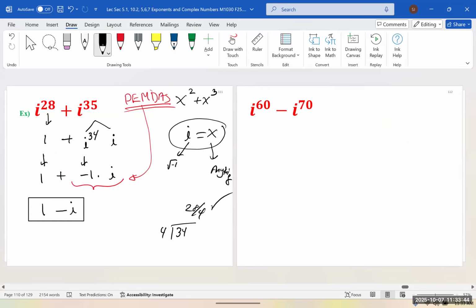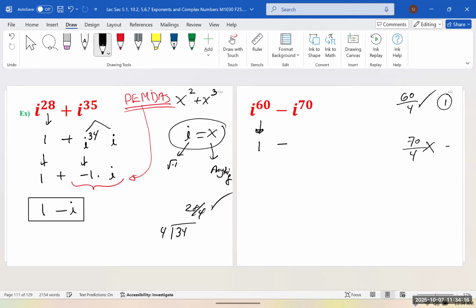Next one is same thing. We have 2 even numbers. Can you divide 60 by 4? We can. 4 times 15 is 60. So we can. Since we can, the answer is positive 1. So this gives us positive 1 minus. Now 70. Can you divide 70 by 4?